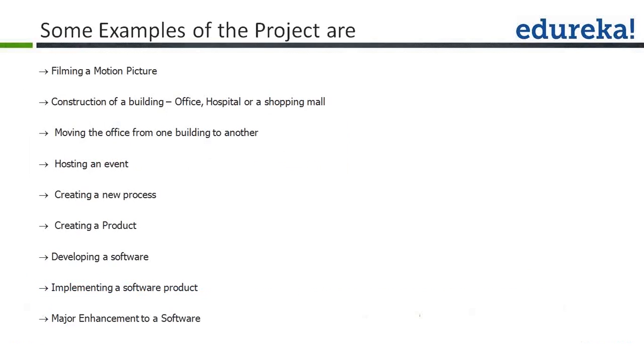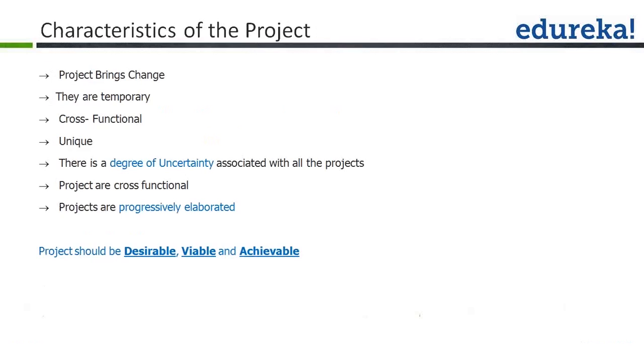Some examples of projects are filming a motion picture, construction of a building, office, hospital, or a shopping mall, moving the office from one building to another, hosting an event, creating a new process, creating a product, developing a software, implementing a software product, and major enhancements to a software.